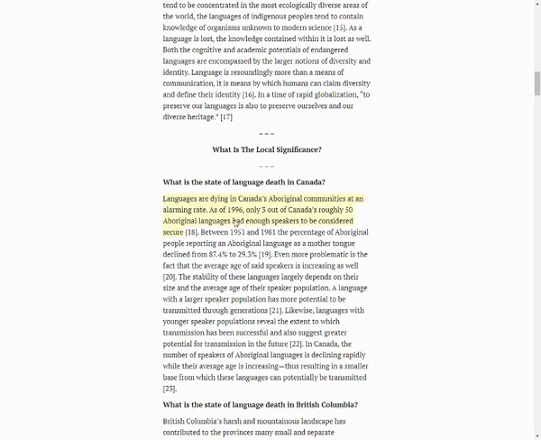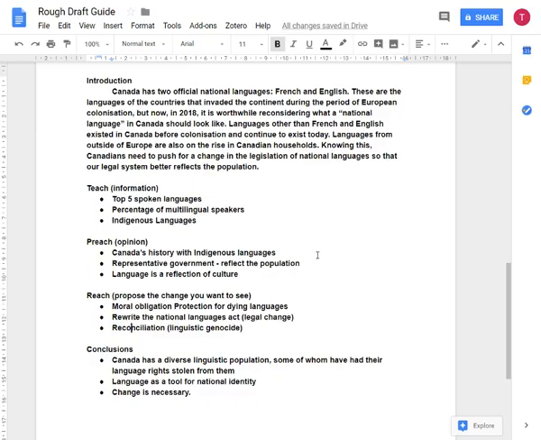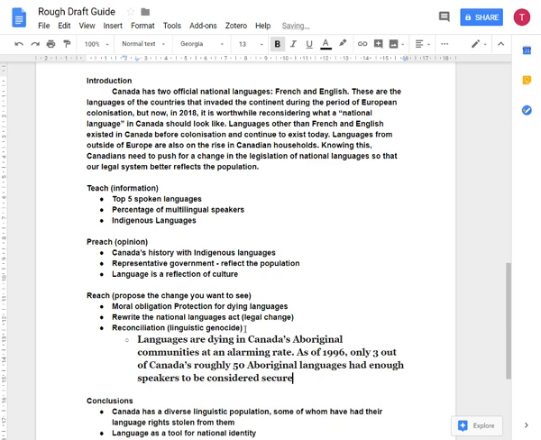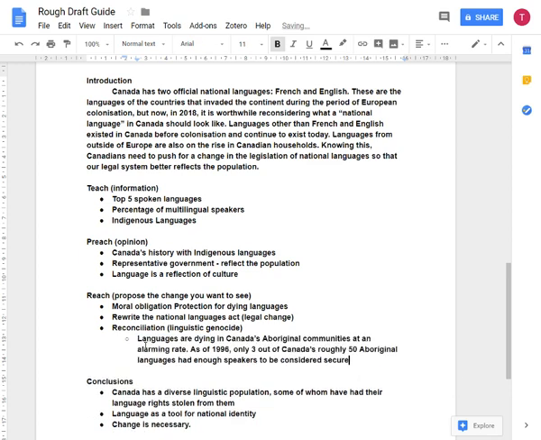So I'll just straight up copy, bring that into my rough draft. Now I don't know how I'm going to fit that into this yet, so I'll just paste it like this. I don't want it to be pasted like that. I want it to be normal. There.